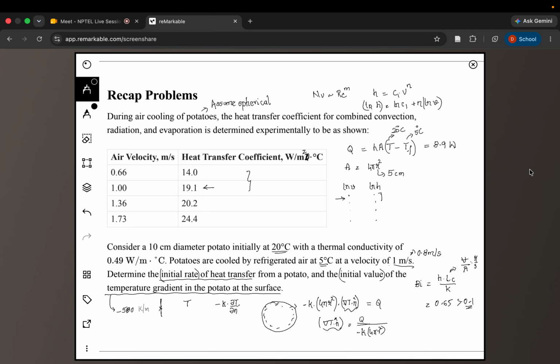In this case, it doesn't matter, both are the same. So you can see the amount of temperature gradient that we'll be getting just at the surface of the potato. And this gradient will keep reducing as a function of time.